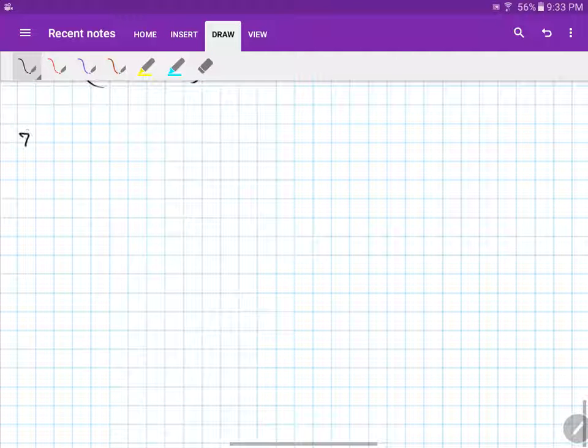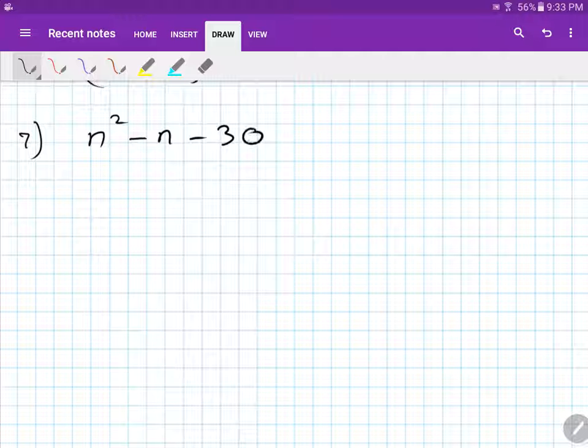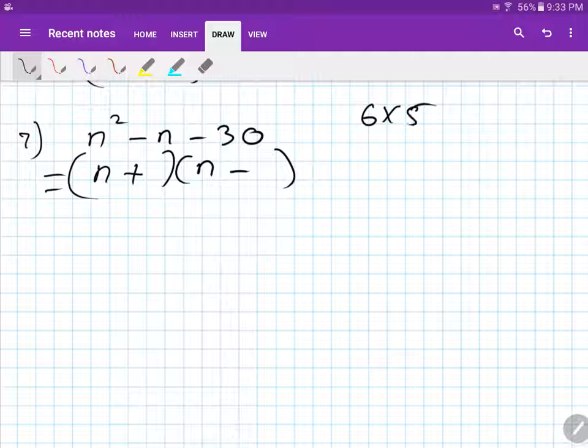Let's say number 7: n squared minus n minus 30. First of all, n plus, n minus. What times what gives me 30, and the difference is 1? It's 6 and 5.